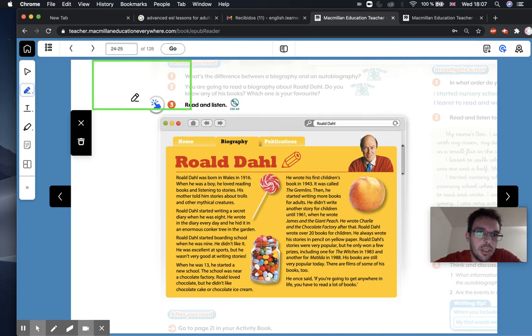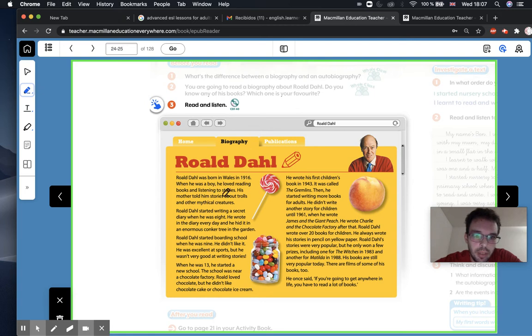So if we look here, let's have a look. It says Roald Dahl was born. Oh, hold on. That's no good. Okay, so it says, right, Roald Dahl was, oh, let me get this correct.